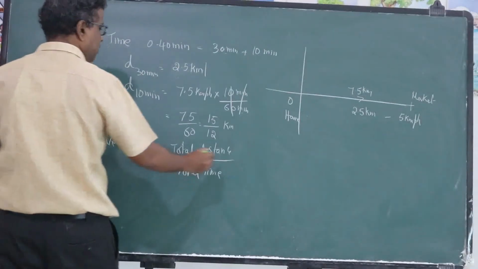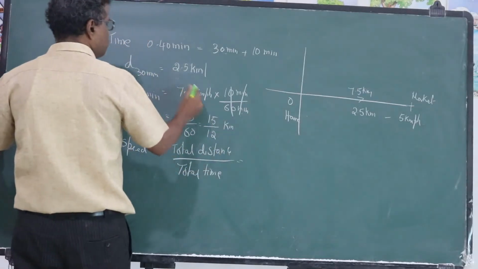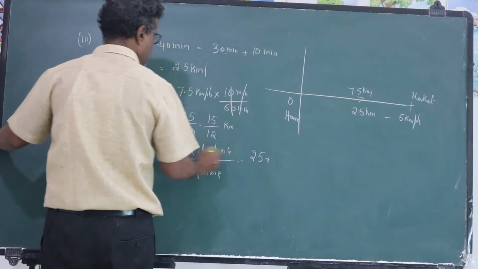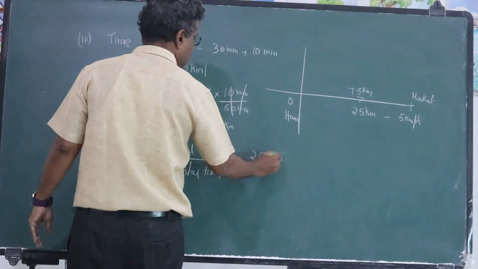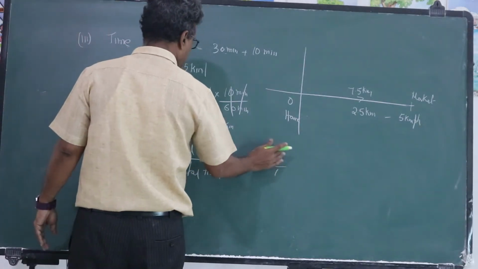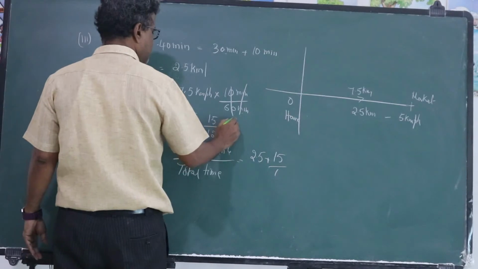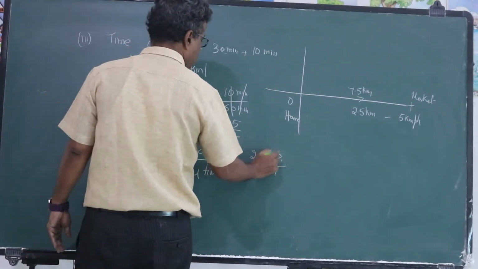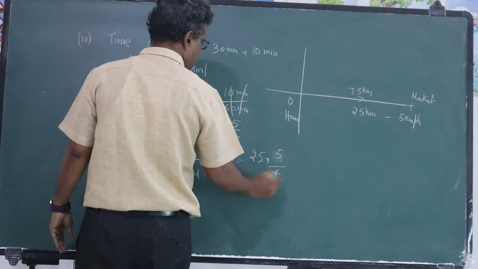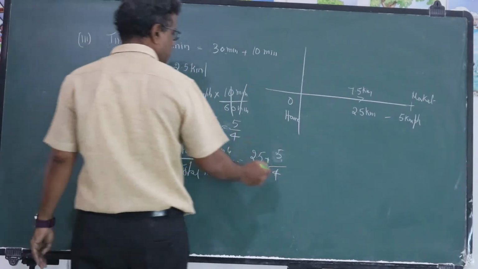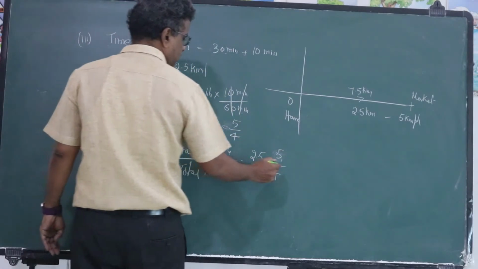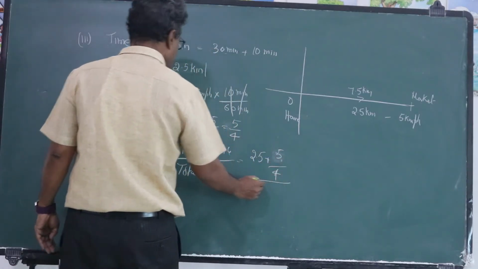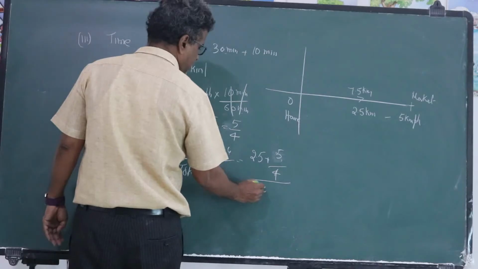So total distance is 2.5 kilometers plus 15 by 12. 15 by 12 is 5 by 4 kilometers, which is 1.25. Total time is 40 minutes.